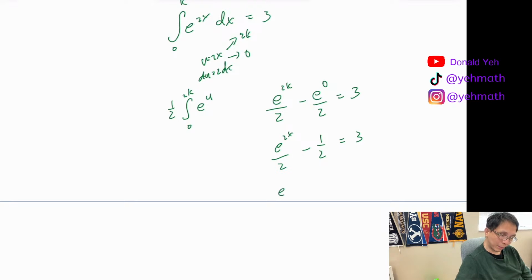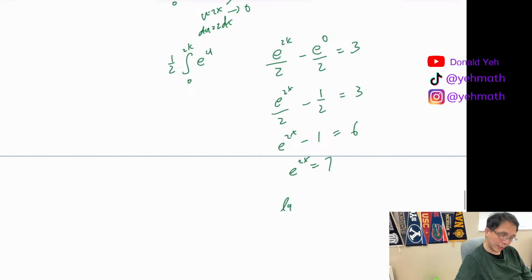I multiply by 2 on both sides, so now I have an ln of e to the 2k. So it'll be 2k equal to ln 7. k equal to ln 7 over 2.